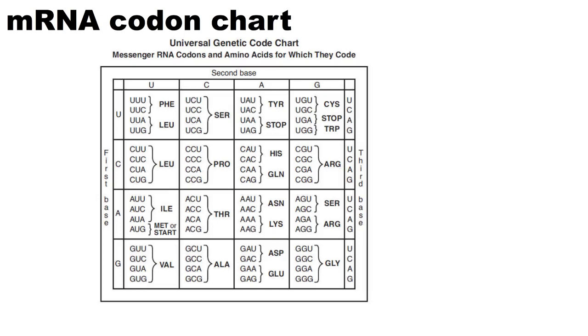Jordan, what is it? Let's see. G is here. So it's going to be somewhere in this row. A. Okay. It's going to be in this box. U. There it is. GAU. Correct, Jordan. ASP.